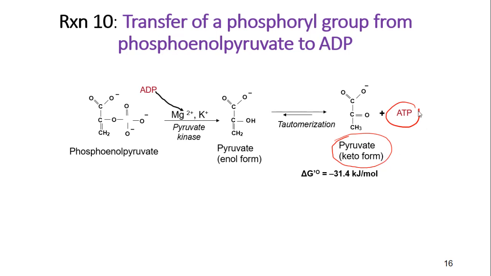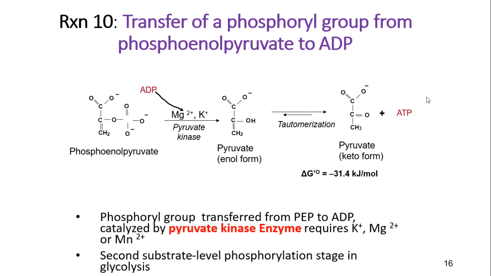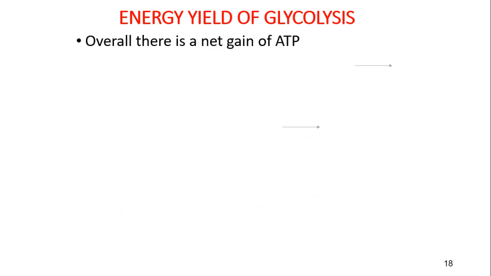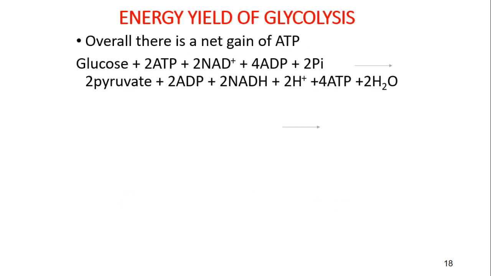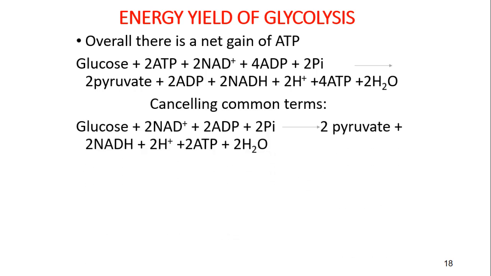Pyruvate and what? ATP. Pyruvate and ATP. So what are we simply saying? We are simply saying that there are two ATP molecules which are being formed. Okay, that's very important.